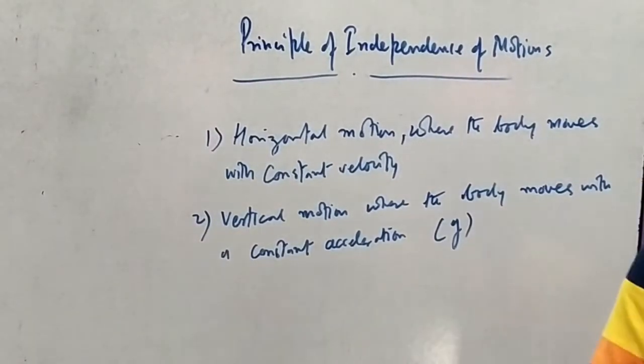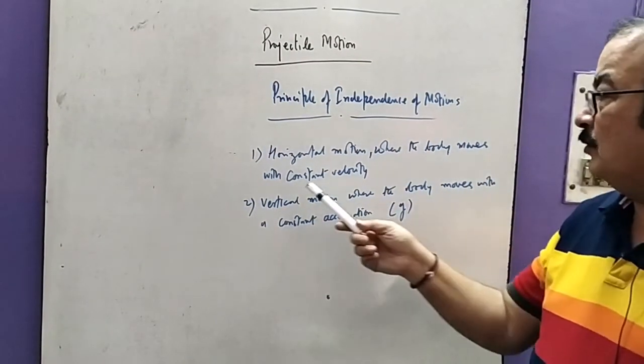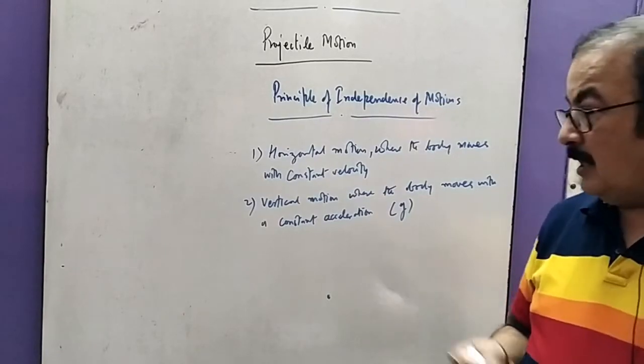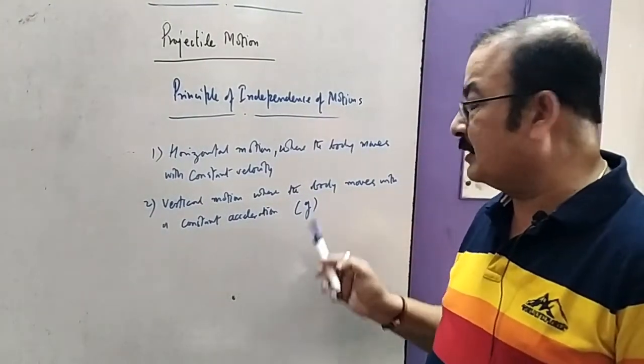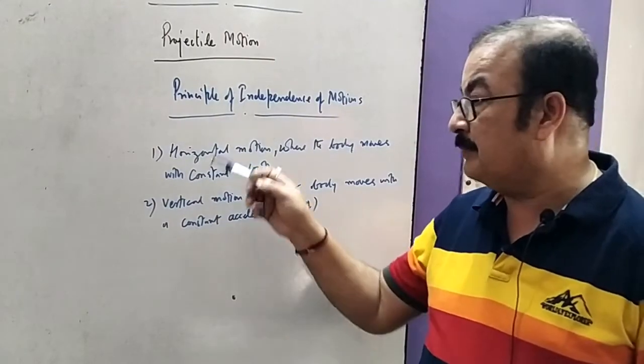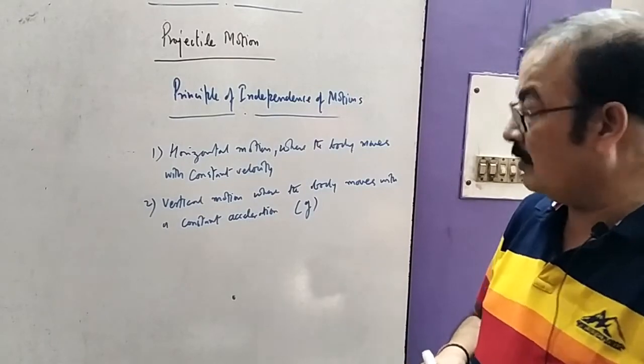Remember this very important thing: a horizontal motion where the body moves with constant velocity, and the vertical motion where the body moves with constant acceleration. They are independent of one another. That is why we call it the principle of independence of motion.